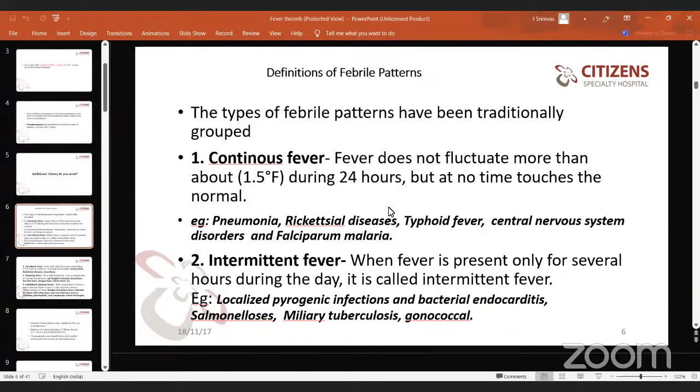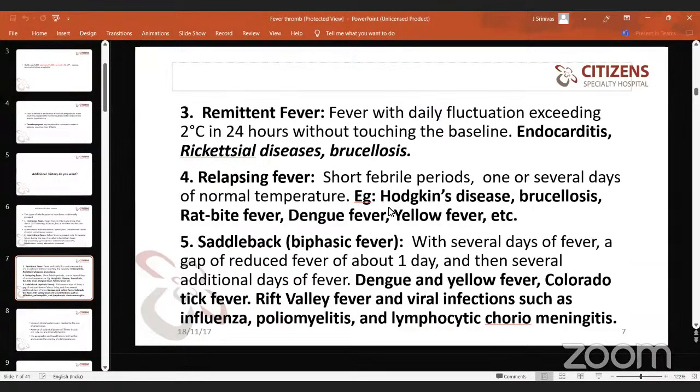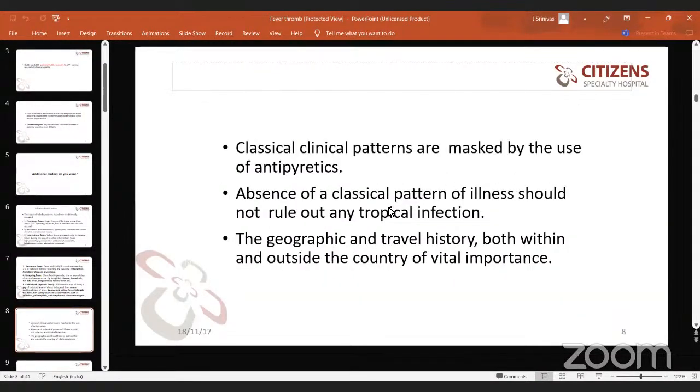Localized pyogenic infections can give intermittent fever, but we see it as a continuous fever. So this gives us a better idea of what type of fever, but we cannot 100% depend on it. People are also nowadays using antibiotics, not only antipyretics. So this gives us a little idea, but we should not depend wholly on this.